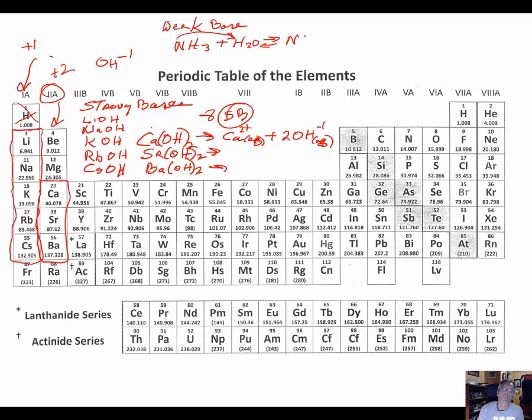This gives me the ammonium cation, NH4+, and every time one of these hydrogens comes off of water, it leaves an OH- in aqueous solution. So this is a weak base and a weak electrolyte, and it produces ammonium ion and a little bit of hydroxide ion. That's why it's a weak base and not a strong base. This is ammonia, and you should remember that.